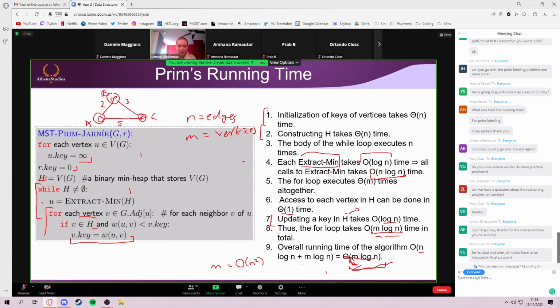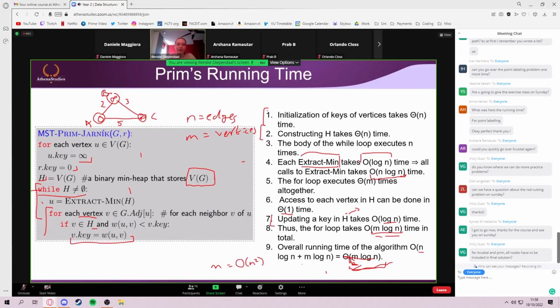So we have this H, which is the binary min heap that stores the vertices of G. We're going to remove elements from this H, emptying this min heap of the vertices that we have already used.